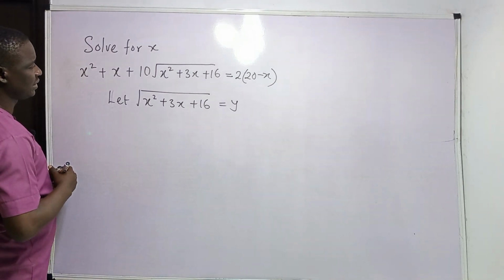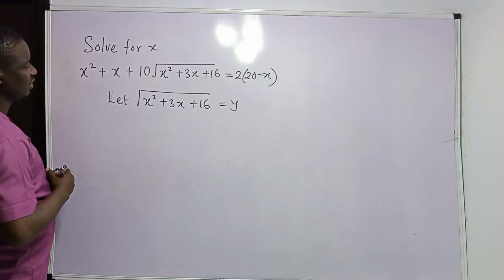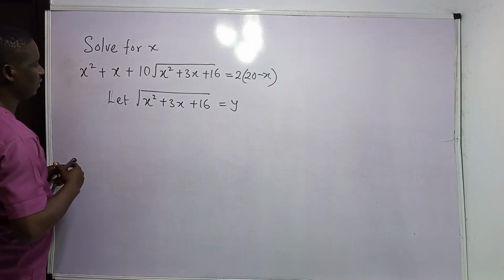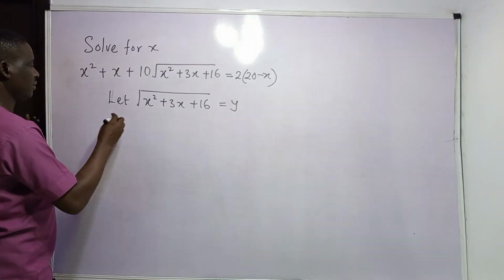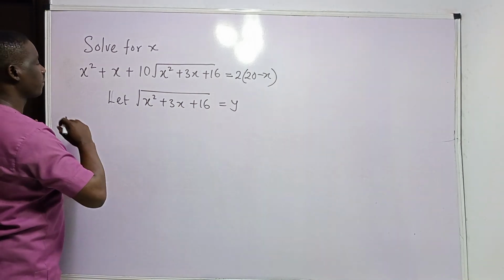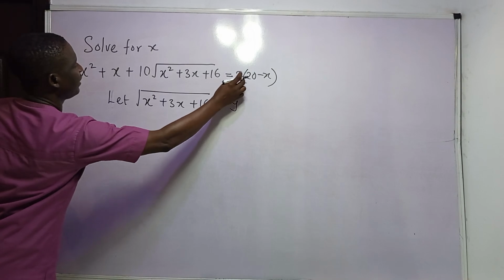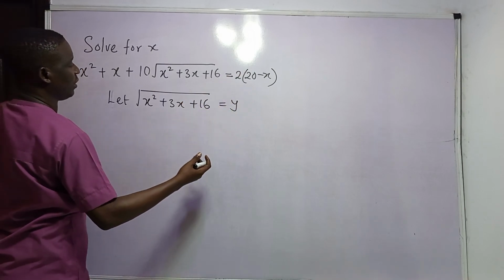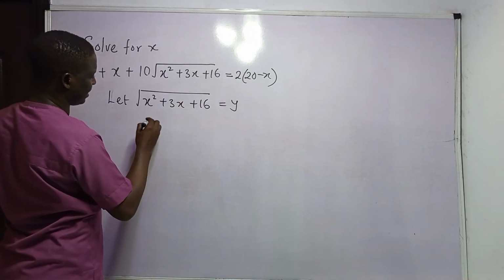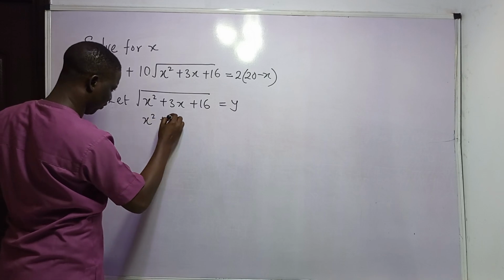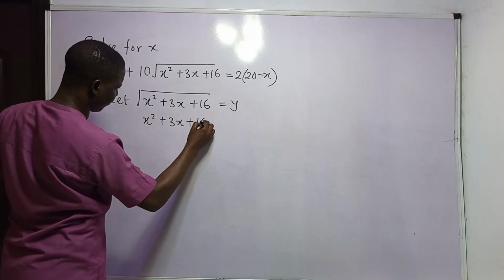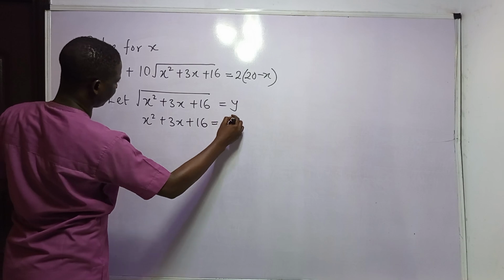So it therefore means that if this one is y, then x squared plus 3x plus 16 equals y squared.